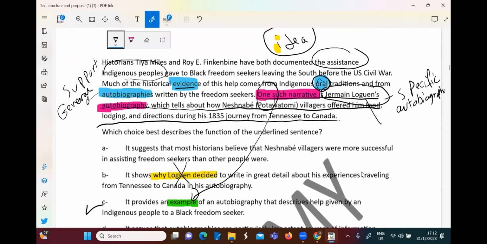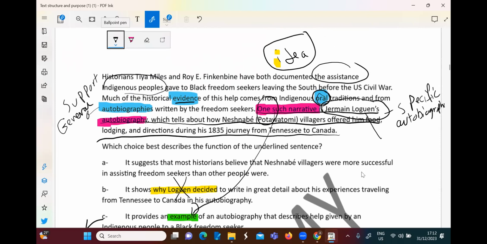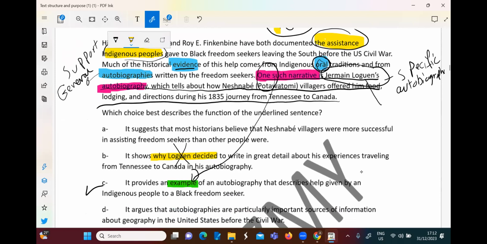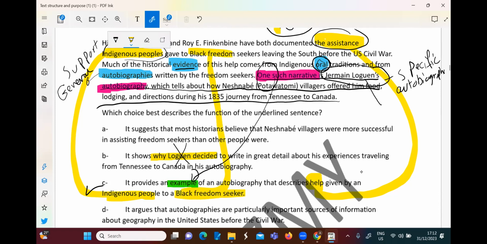The assistance of indigenous people. This is the idea. That's why it's mentioned in C. The assistance equals what? The help. Indigenous people helped whom? The Black freedom seekers.